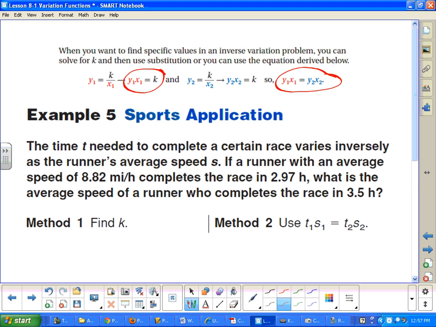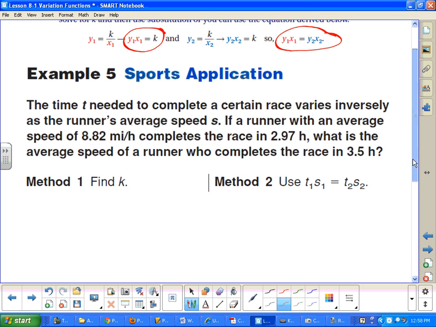It says x1 times y1 equals x2 times y2. So our first scenario, x times y, equals the second scenario. So you can do it two different ways, just like we did with the direct variation. You can find k first of all and then plug it in, or you can set up this situation with x and y to be able to do it a little bit faster.